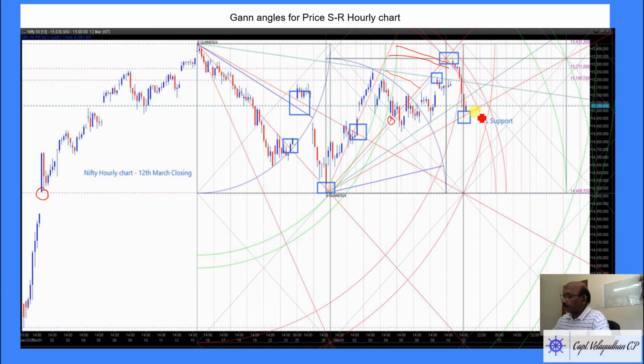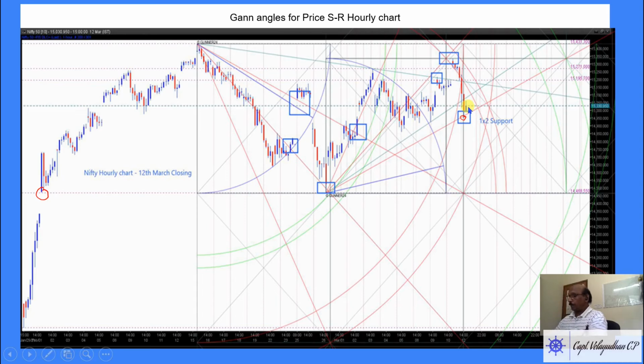However, price took support at a 1 by 2 Gann angle here. Just before closing, price took support and it closed slightly positive on the hourly angle.